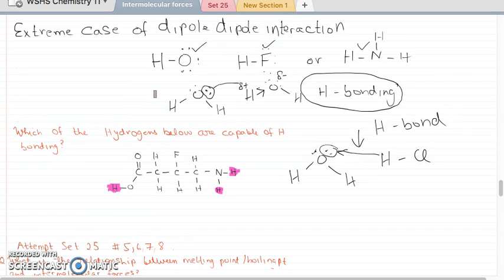As long as you can understand the concept that it has to be a hydrogen attached to oxygen, fluorine, or nitrogen, and also it has to have lone pairs, and the lone pairs are responsible for the attraction between the molecule and another molecule which has hydrogen, you should be fine. So you need to get these concepts in your head.